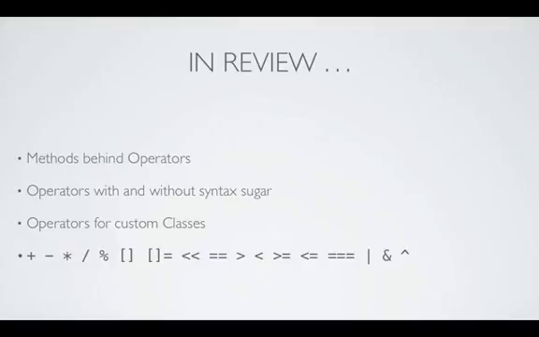What I have down here at the bottom is a list of all the operators that are defined as a class in Ruby. You can see at the beginning we have the arithmetic operators: plus, minus, multiplication, division, modulus. We talked about square bracket equals. The double less than sign has a couple different names, but basically it does the same thing as push in arrays, and I believe in strings it does the same thing as plus equals.